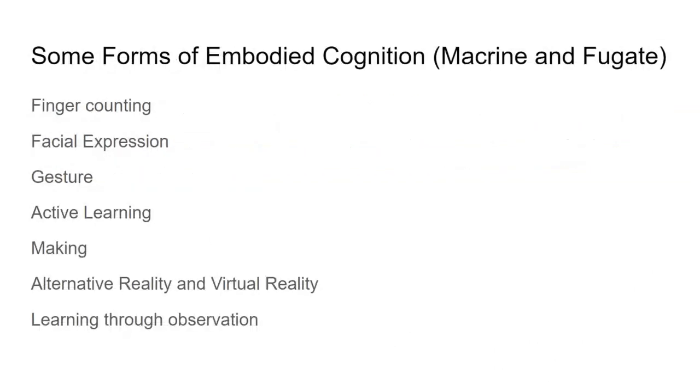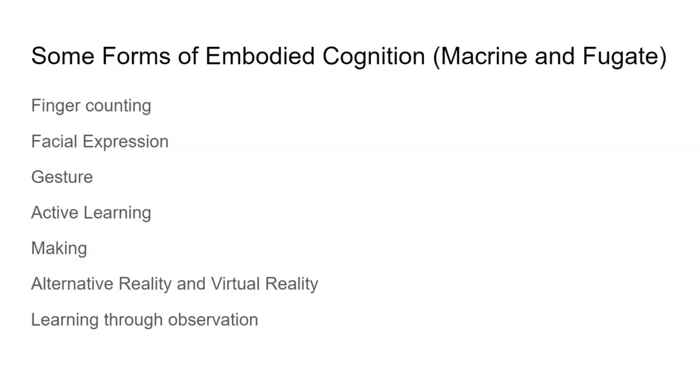Okay, and some of the forms of embodied cognition they talk about: finger counting, when you're saying 1, 2, 3, 4, 5, and a lot of people, even as adults, still do some finger counting. Facial expression, gesture, active learning as embodied interaction and cognition.